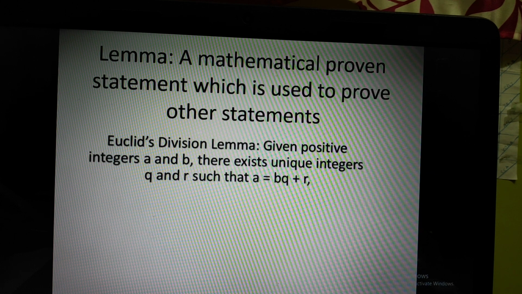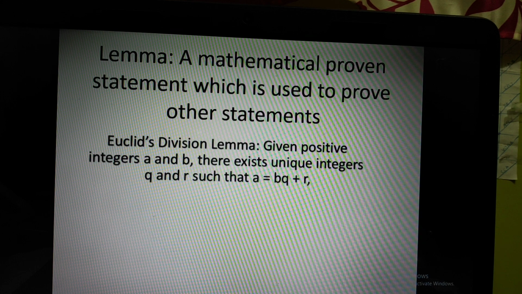Euclid's division lemma is related to the operation division, and the relation dividend is equal to divisor into quotient plus remainder. Given positive integers a and b, there exist unique integers q and r such that a can be expressed as bq plus r.